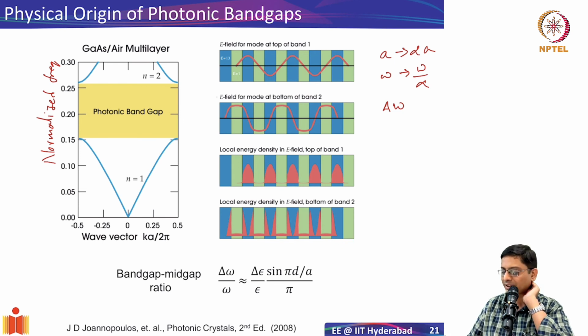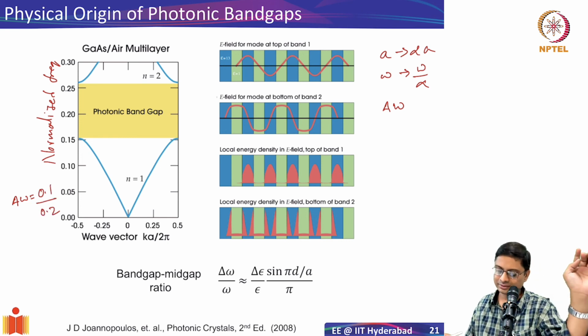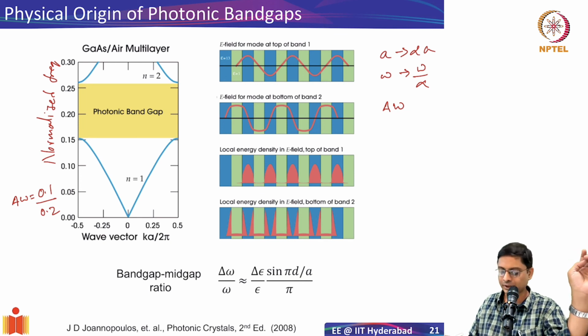So what we talk about is what is known as the band gap to mid gap ratio. Instead of only this, I'll take the energy in here. For example, in this picture, roughly the band gap delta omega is 0.1, divided by the mid gap, 0.2 normalized frequency.